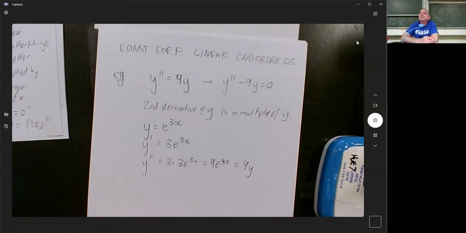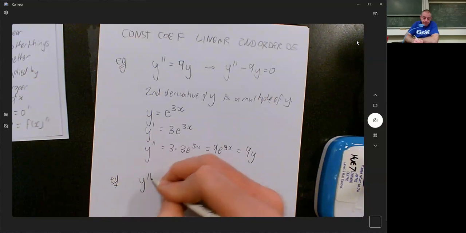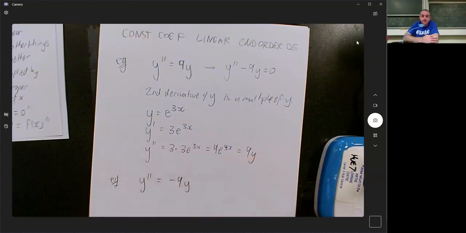It comes up in Taylor series as well. But this is something that we know to be true. And I'm also going to point something else out. It was a minus 9y. This time the second derivative is still a multiple of y. But if I had e to the power of anything times x, and I differentiated it twice, I'd end up with that thing squared out the front.